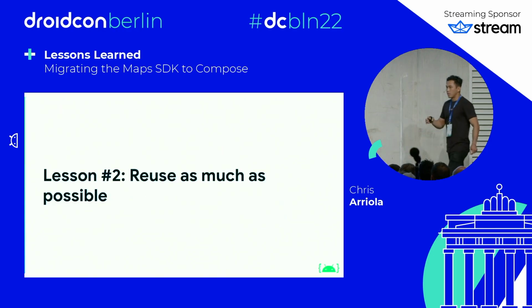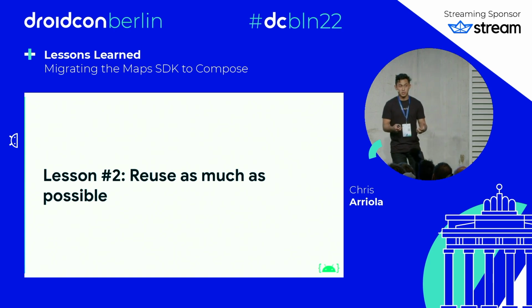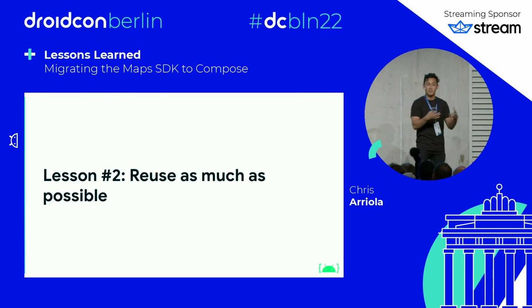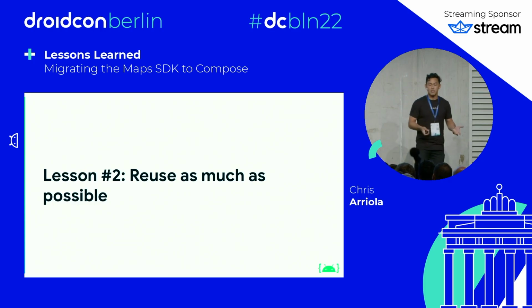Cool. So that was the first lesson. The next one is to reuse as much as possible. The Maps SDK has been around for over 10 years. And if you are familiar with using the Maps SDK, then using the Maps Compose should feel really similar. And one way to do that is to reuse as much as possible in terms of classes and types, but of course, deviating where it makes sense.